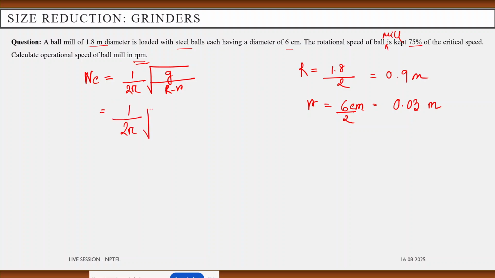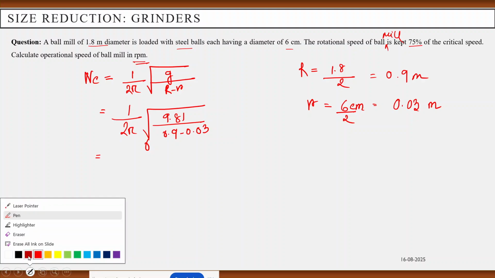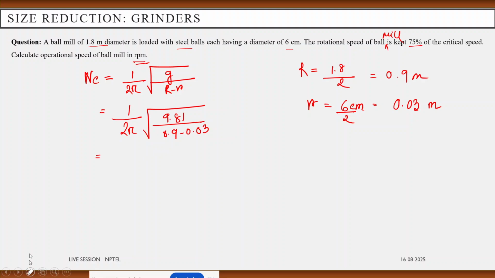So we can calculate. It is coming in RPS, so we have to calculate in RPM.